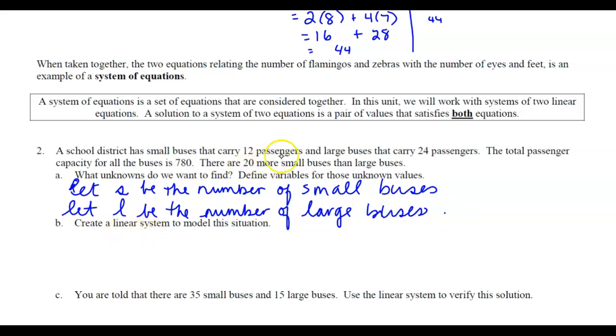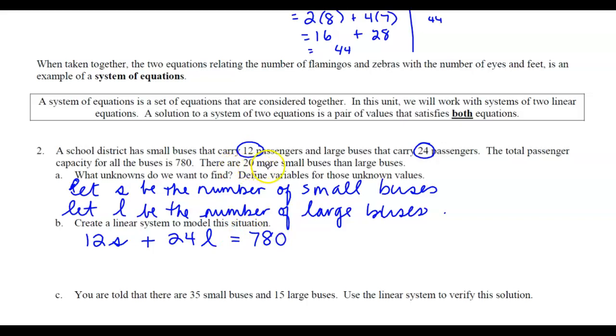And so the system will be, so the total passenger capacity is 780. Well, for each small bus, it carries 12 passengers. So 12 times the number of small buses plus 24 times the number of large buses will give us the total of all passengers.